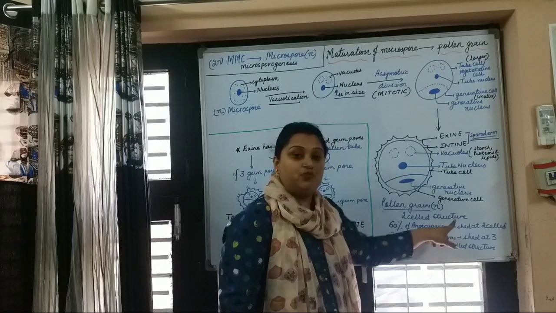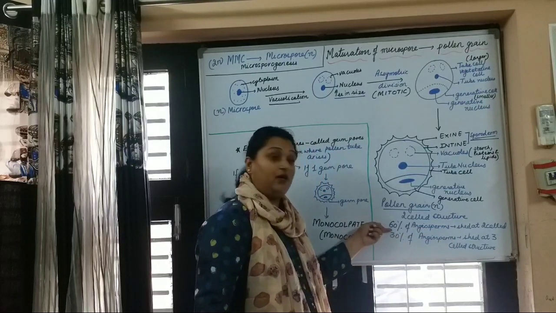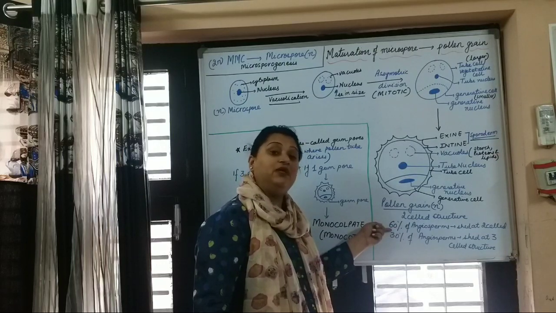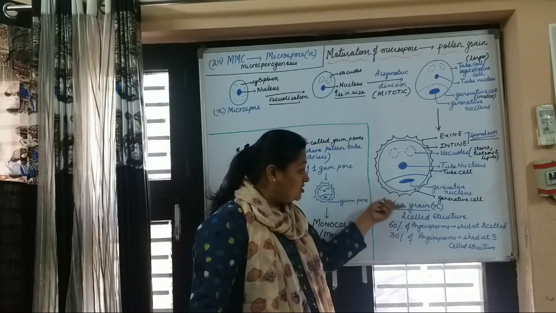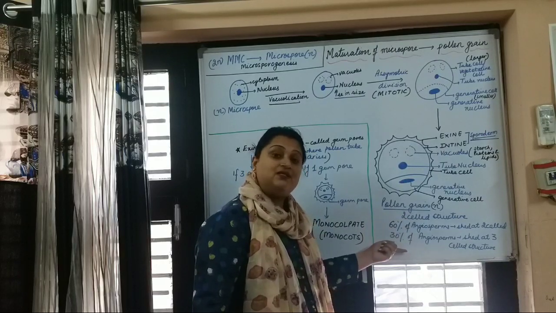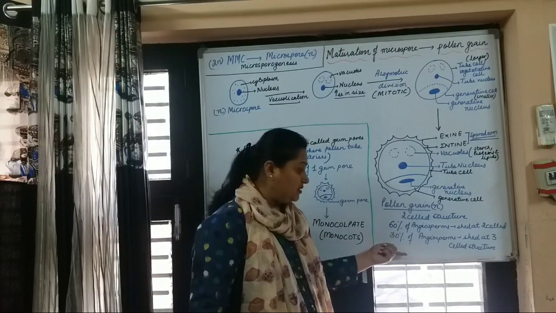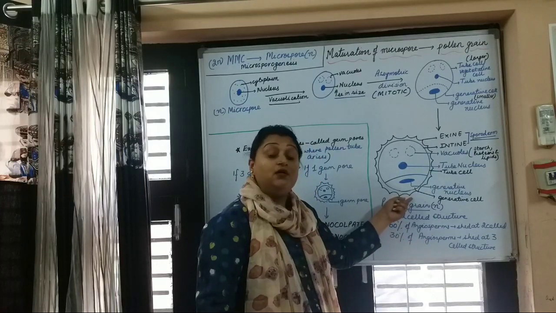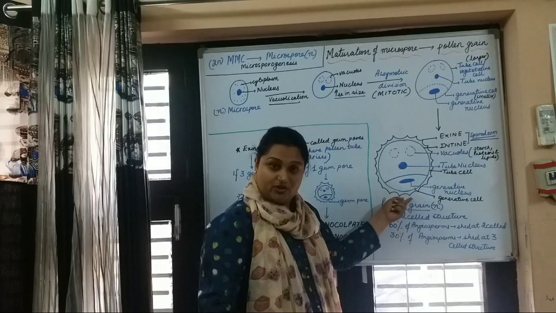In most angiosperms, around 60%, the pollen grain is shed from the anther at this two-cell structure. In the remaining 30%, the pollen grain is shed at the three-celled structure.